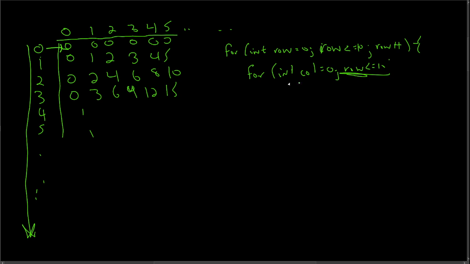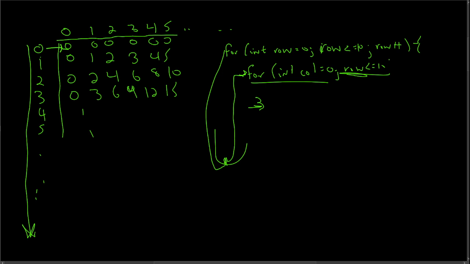We'll do this in Eclipse, so it's a little bit neater. Every time this loop executes, it'll come back up. These will finish, it'll come back and move to the next number here. This is called nested loops. So we're going to do that inside of Eclipse here.